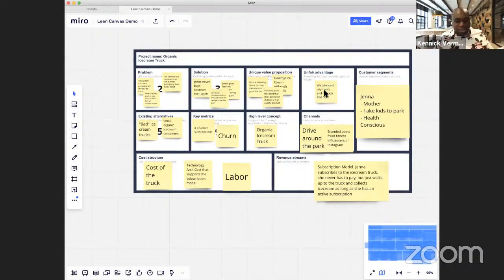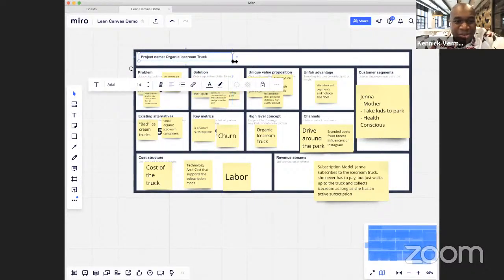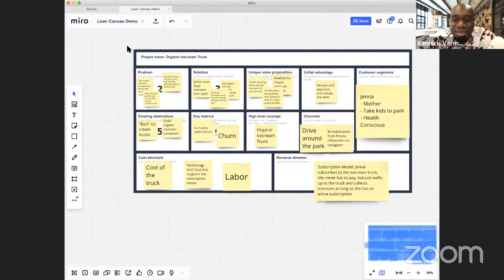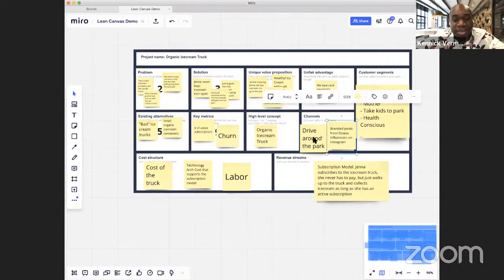Now, we have a filled lean canvas, and we do have the ability to now test this lean canvas. How do we test the lean canvas? We would find a whole bunch of Jennas. We would first find them through either the channels that we've set up or even creating ads for a fake product that is promoted by influencers.